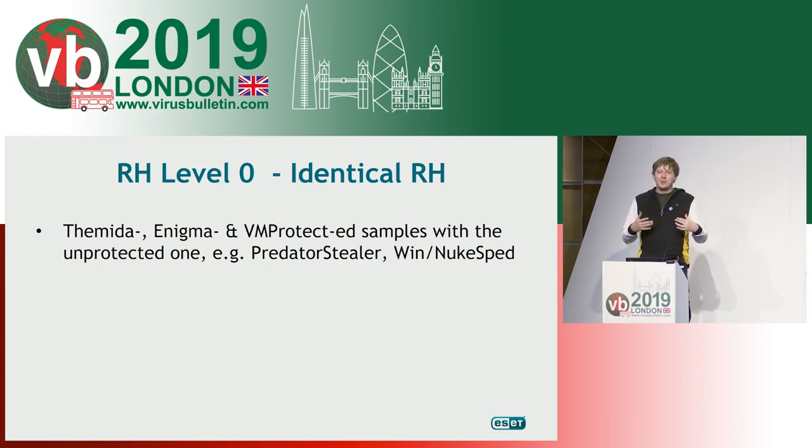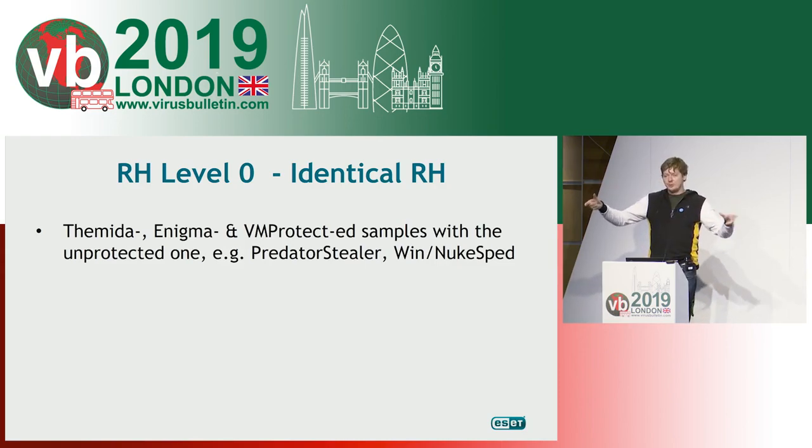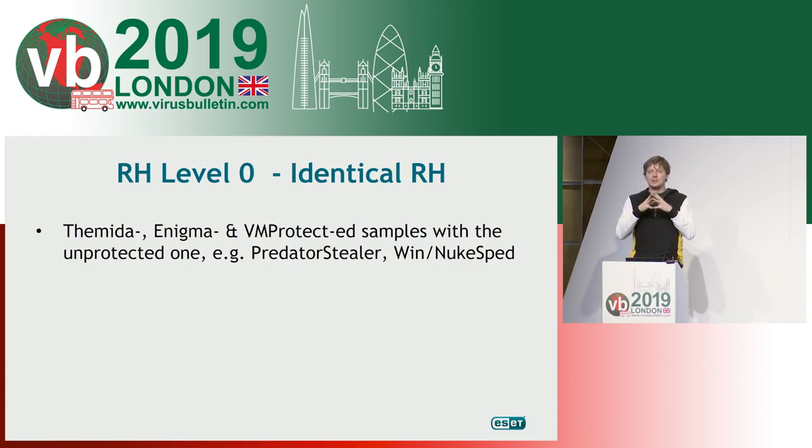So without any dynamic analysis, if you have unprotected files and a protected file and those rich headers match, you have a really quick hint that these binaries are the same, just in a different form. We did an attribution of Predator stealer between unprotected and protected ones, and NukeSped, which is a Lazarus toolset that we track a lot.